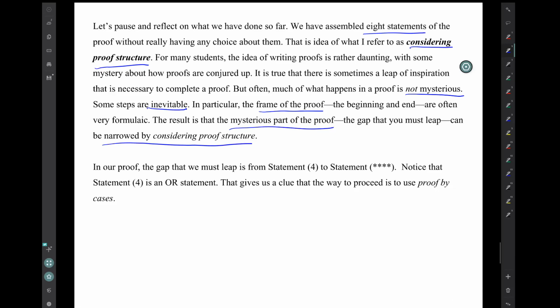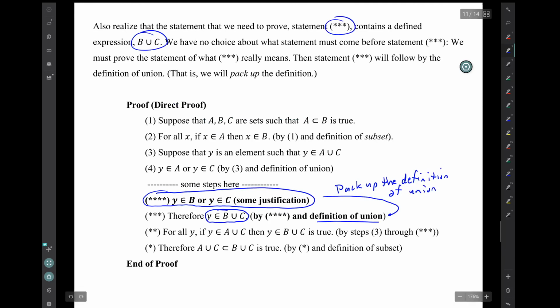Let's go back up and look at what we have. We have now a proof that has a big chunk of the steps done, and we have only this gap in the middle that we have to bridge. So all of these 8 steps shown here are steps that were sort of inevitable.